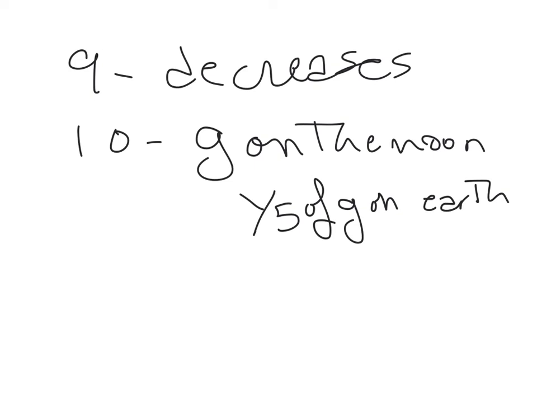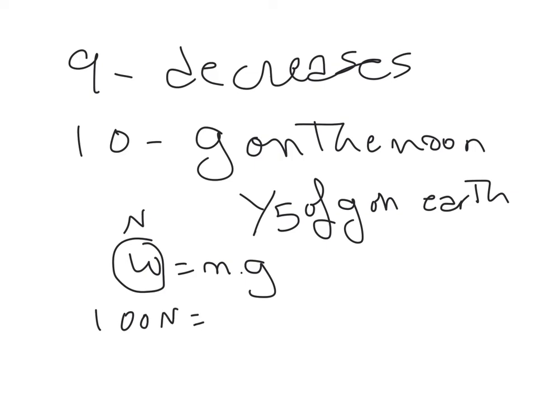Let's go on and talk about weight. Your weight is equal to, exactly, mass times your gravity. So your weight is in newtons and it is 100 newtons. We don't know what your mass is, but we know that gravity is 10. So 100 divided by 10 will give me your mass, which is 10 kilograms.